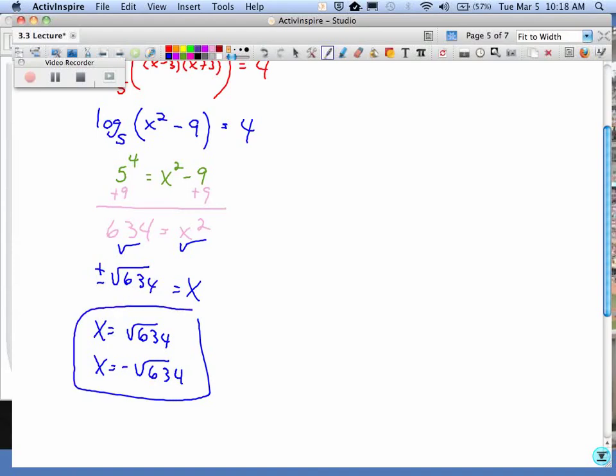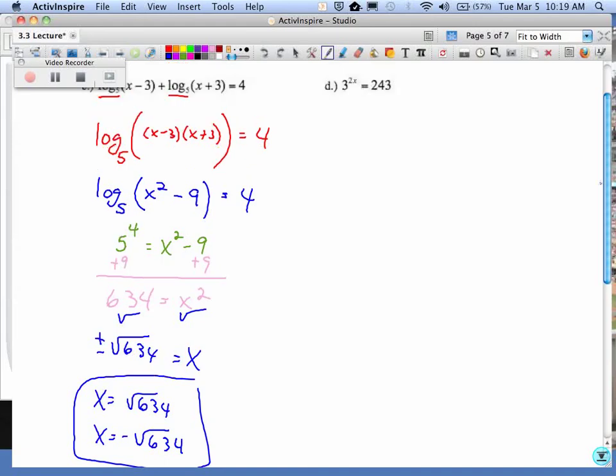What happens when you take the negative square root? What is the square root of 634? It's approximately 25 and some change, so take the negative, about negative 25. What's negative 25 minus 3? Negative 28. What's negative 25 plus 3?